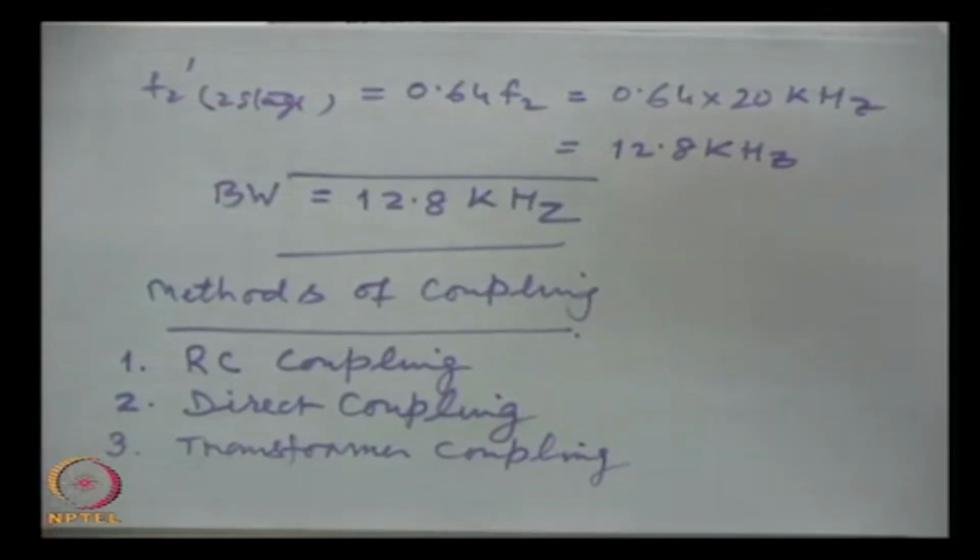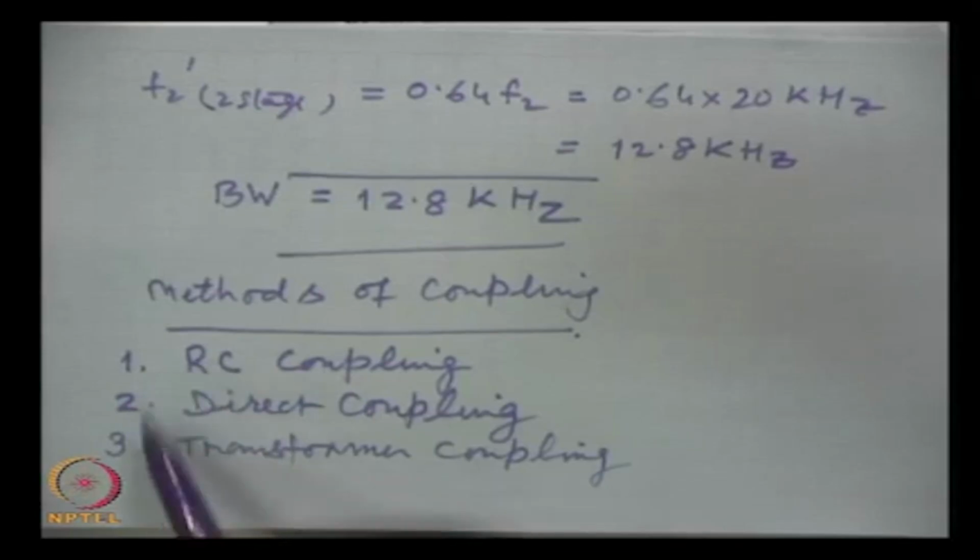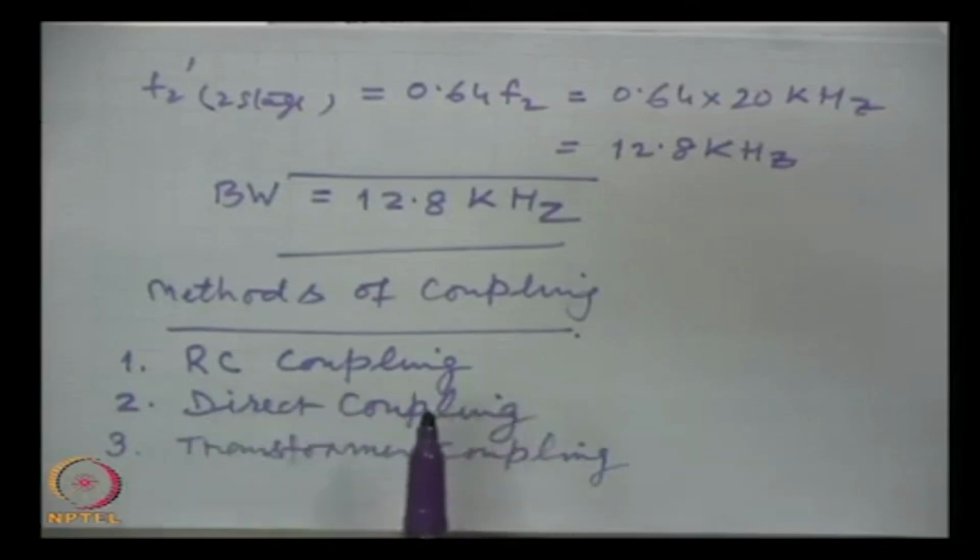These are the three methods which can be used to couple either various stages of amplifiers, or at the input the source can be coupled to the amplifier by any of these three methods, and similarly at the final stage the load can be a loudspeaker, a printing machine, or some other gadget, and the power can be coupled by any of these three methods.